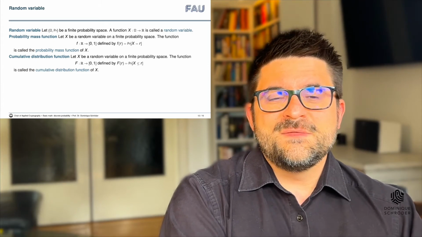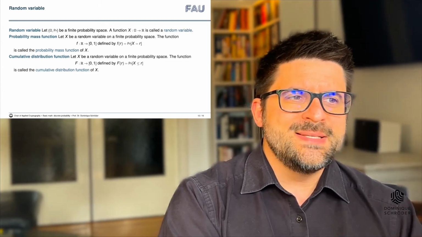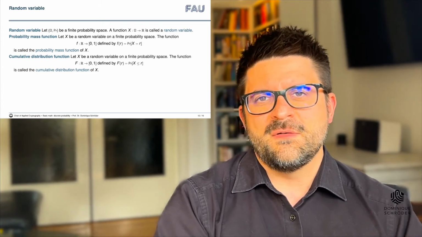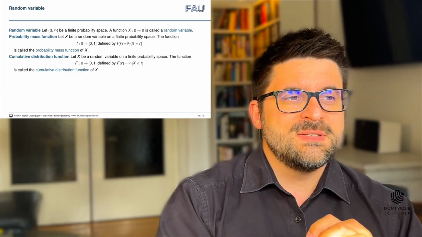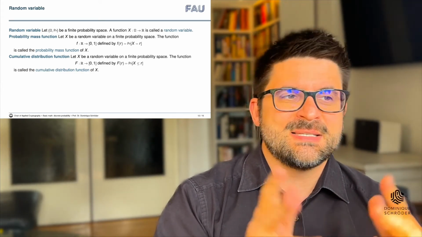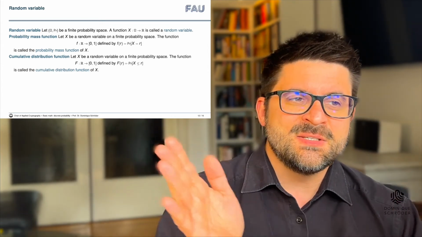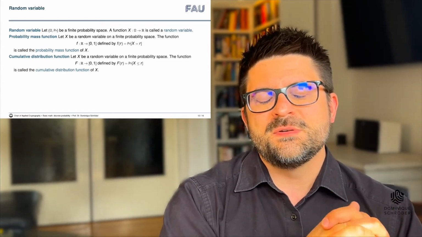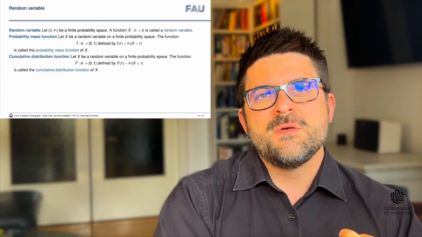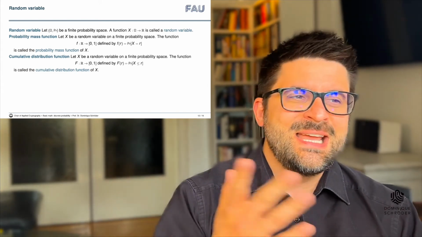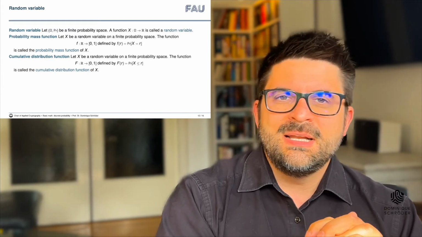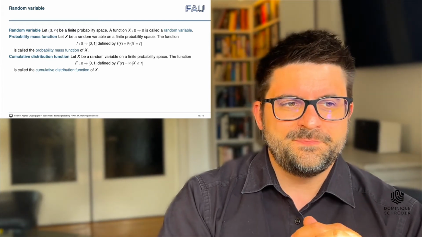The cumulative distribution function is actually quite similar, but in contrast to analyzing one specific assignment, like x equals r, we are interested in analyzing a certain interval. For example, we are interested in the probability that I'm throwing the dice and I get anything between, let's say, 5 and 12.